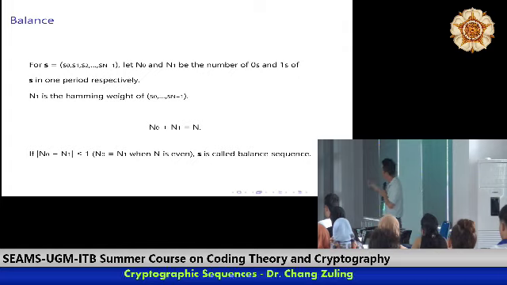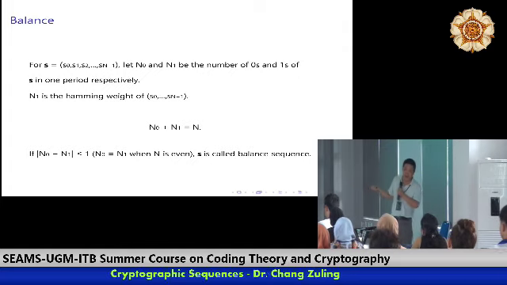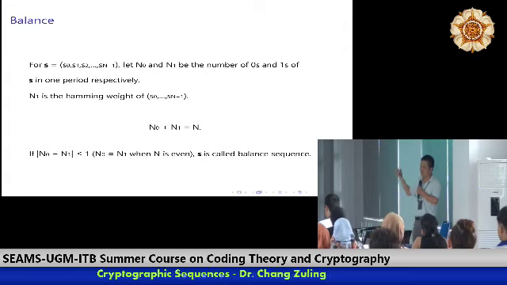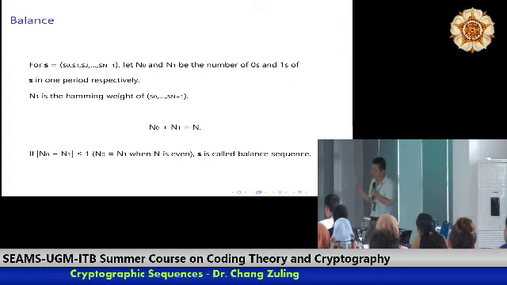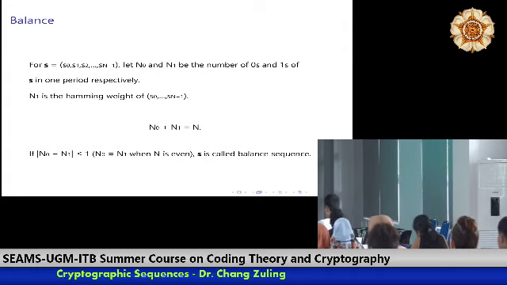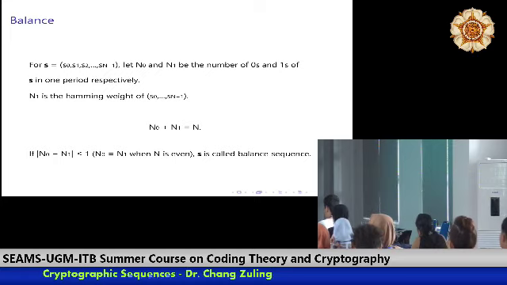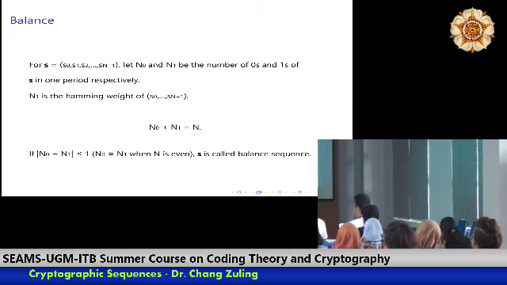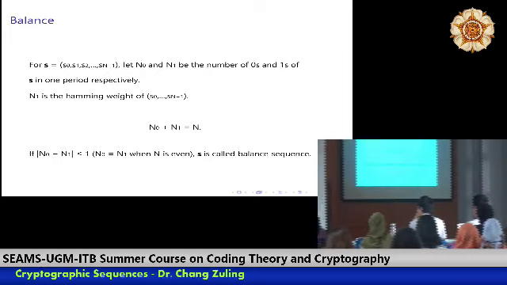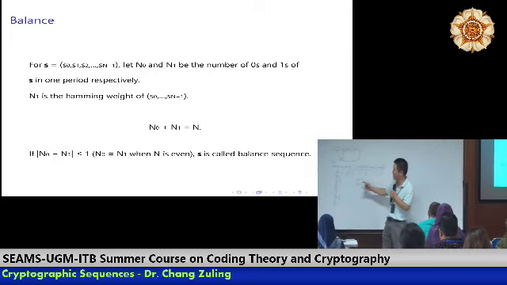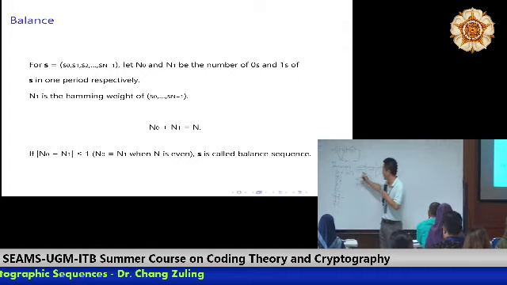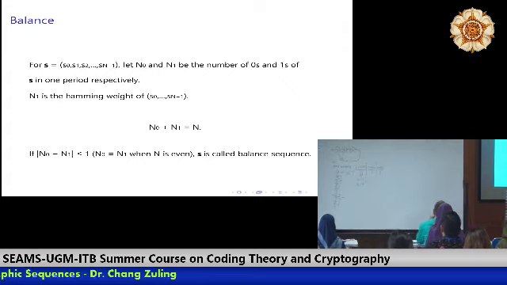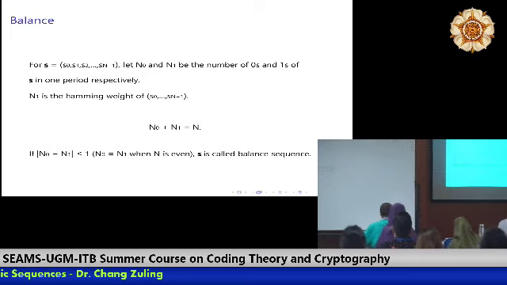If n is even, n0 will be equal to n1. But when n is odd, they must not be equal. At this time, n0 equals 3 and n1 equals 4. They are not equal, but we also call the sequence balanced, because the period is odd. That is the definition of balance.